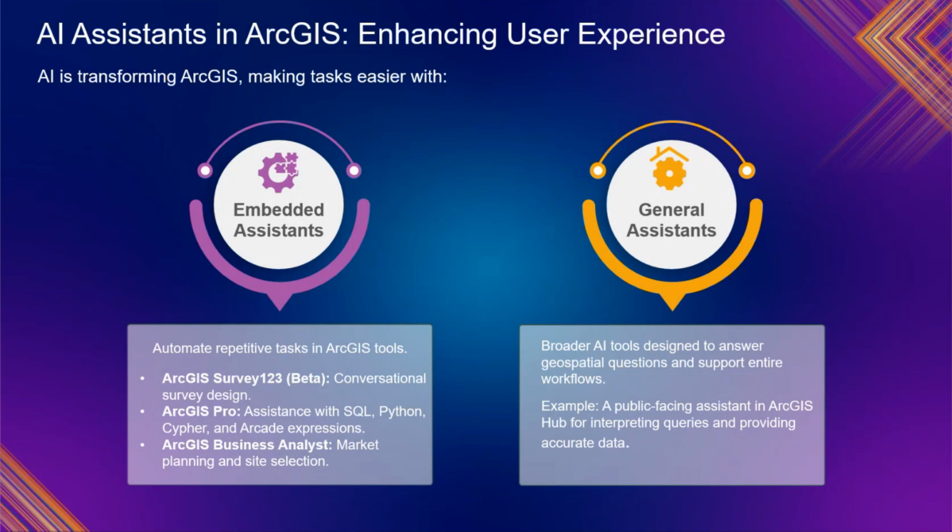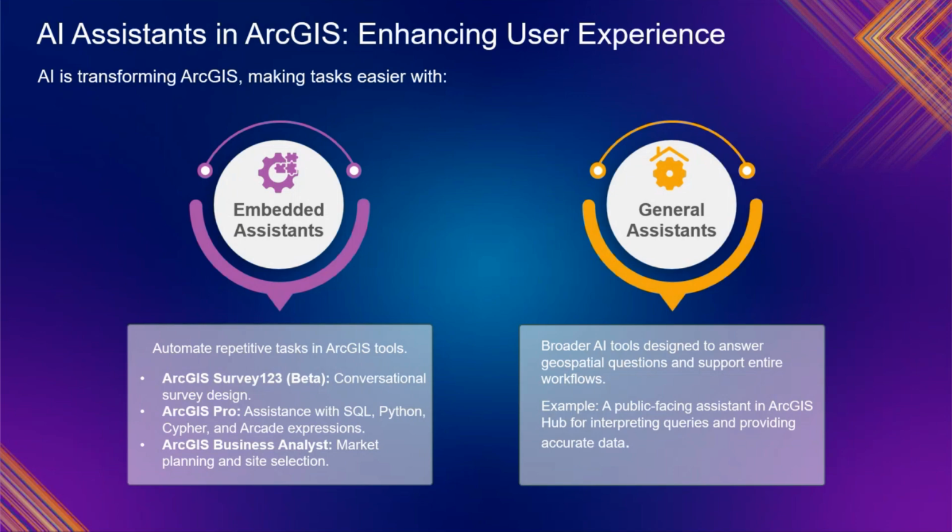When it comes to the embedded assistants, like those in Survey123, ArcGIS Pro and Business Analyst, we've got these embedded assistants that can do little tasks for you, like recognizing all of those different models that we were talking about earlier, or even a conversational survey design within the survey builder itself.